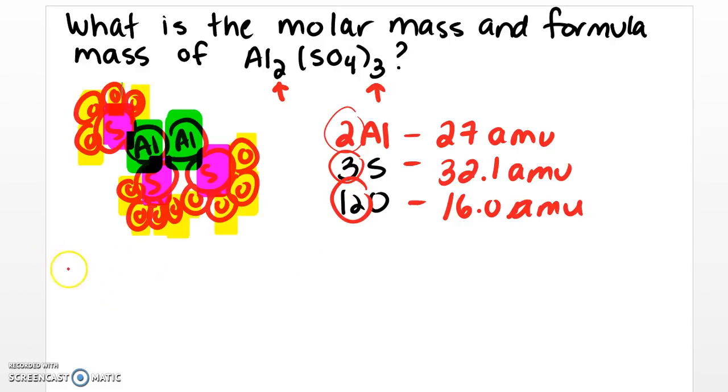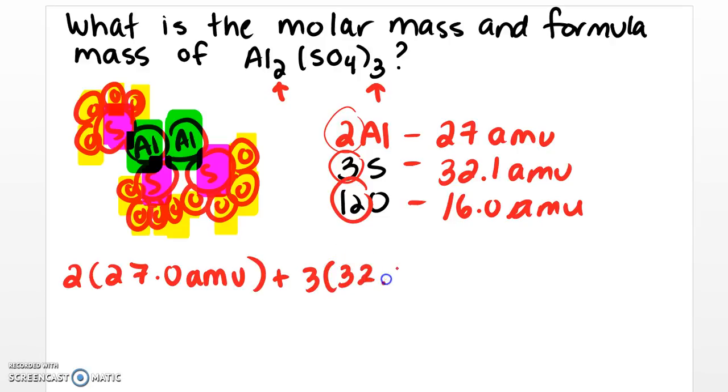So if you get the formula mass, it's going to be 2 times 27 atomic mass units plus 3 times 32.1 atomic mass units, plus 12 times 16 atomic mass units.